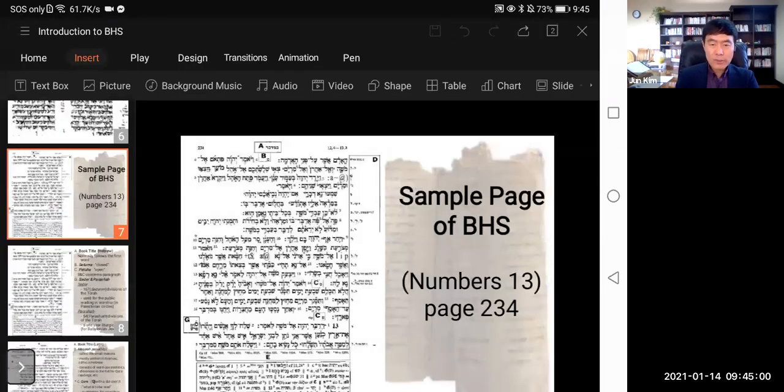Now it's time for us to talk about how we are going to understand this Bible and BHS. I want to show you a sample page of BHS. If you have your BHS Bible, turn to page 234.